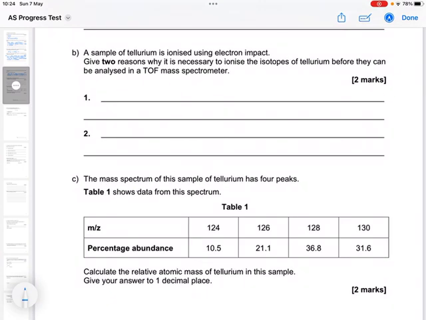Part B, a sample of tellurium is ionised using electron impact. Give two reasons why it's necessary to ionise the isotopes of tellurium before they can be analysed in a time of flight mass spectrometer. Okay, so if they are not ionised, then the first thing is that they won't be accelerated.